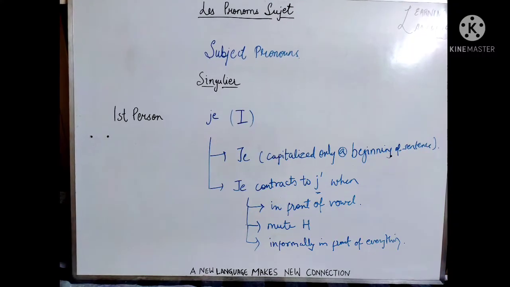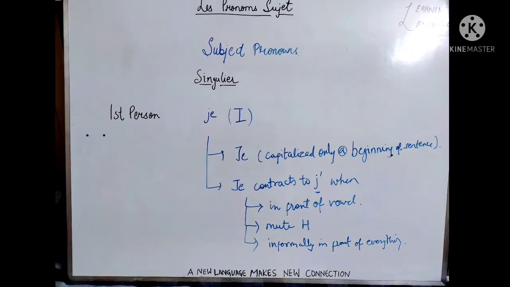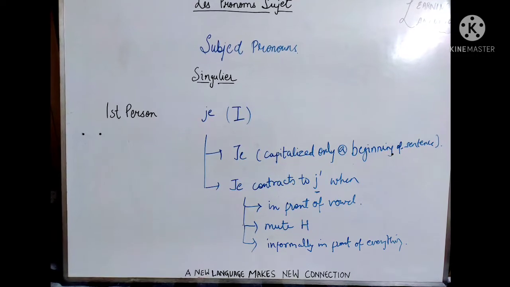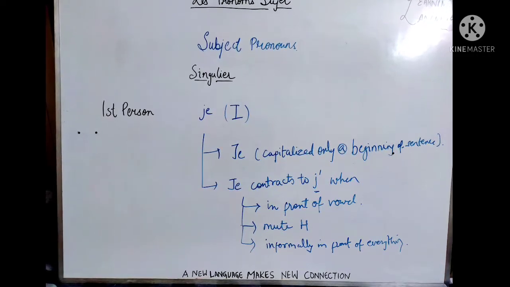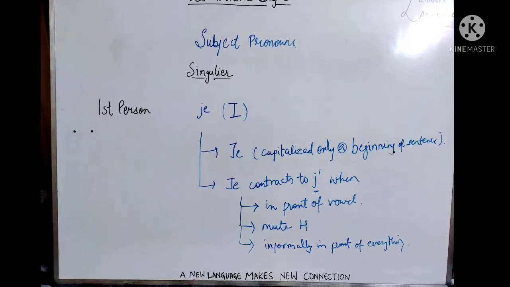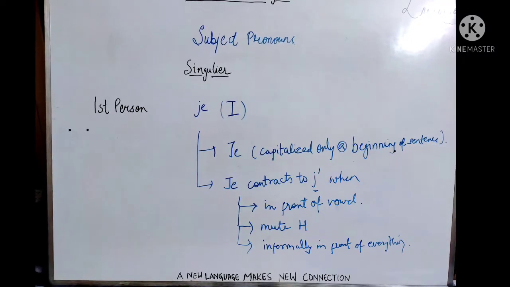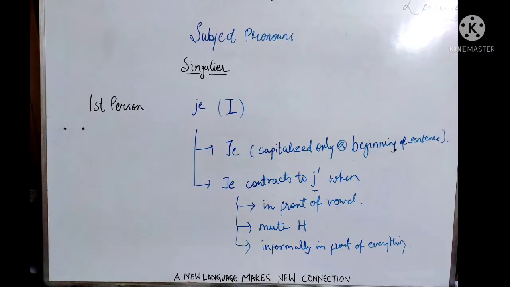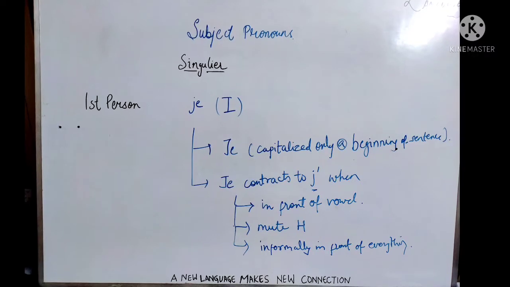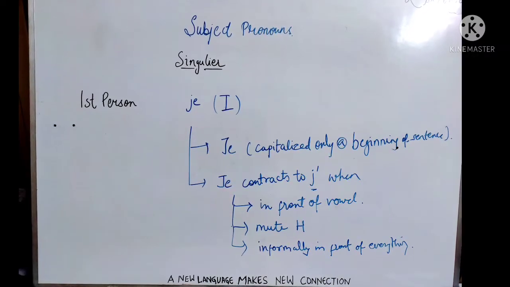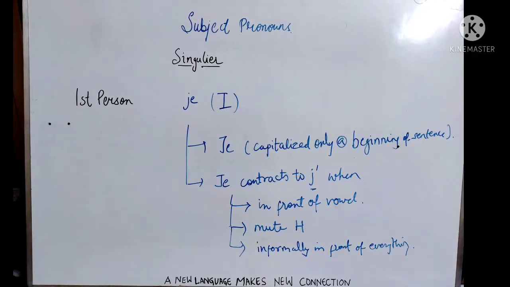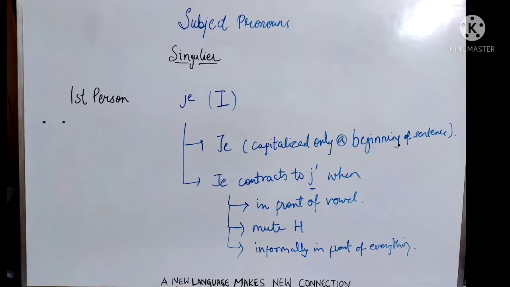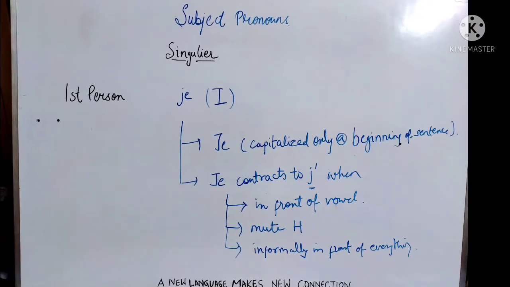So let's begin with I. The subject pronoun for I is je. There are certain points which we need to remember. These are bullet points for je. Je is capitalized only at the beginning of a sentence, else it is always written in small letters: small j, then e.